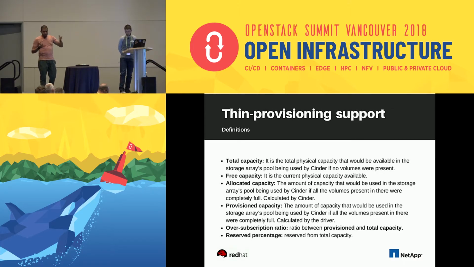The free capacity is the blocks that are not being used at the moment. So in the previous case that I showed, if you have the 1 terabyte pool and you allocate 10 thin volumes of 100 gigabytes, that means that the storage will not allocate the blocks right away. So after you create those 10 volumes, your free capacity will still be the 1 terabyte, right?